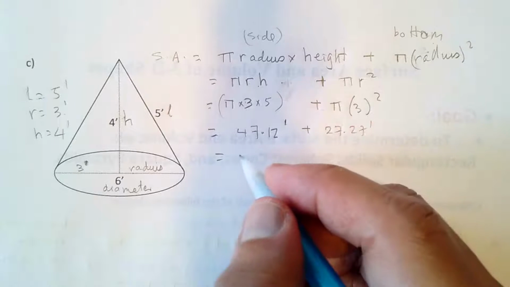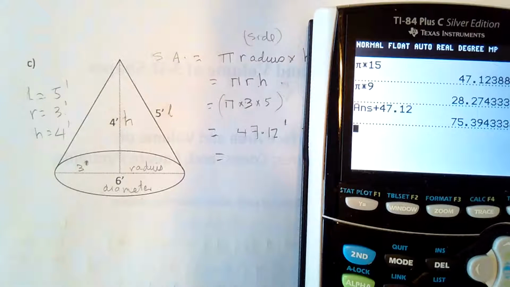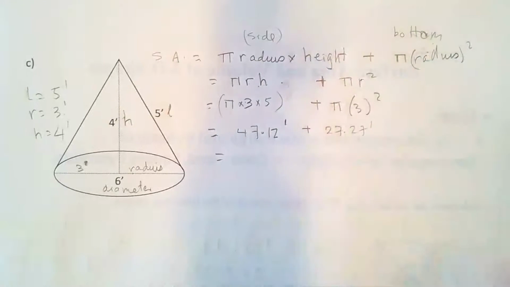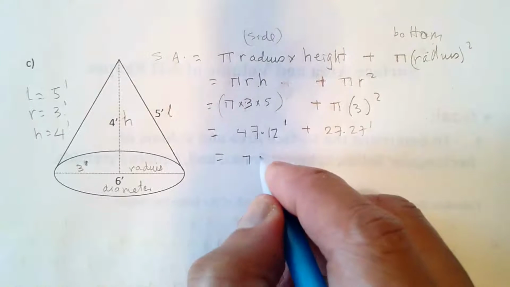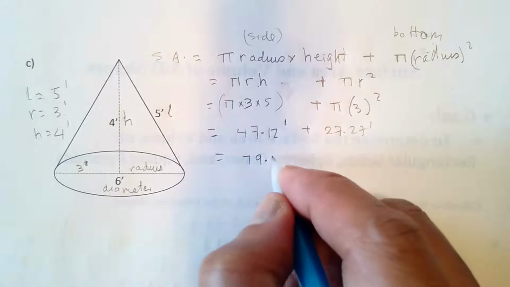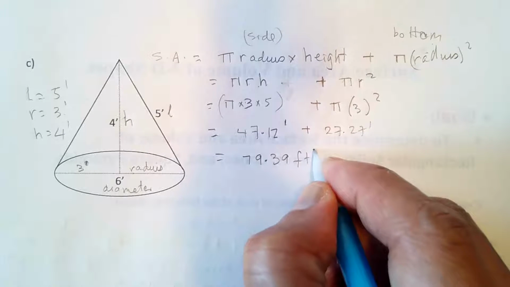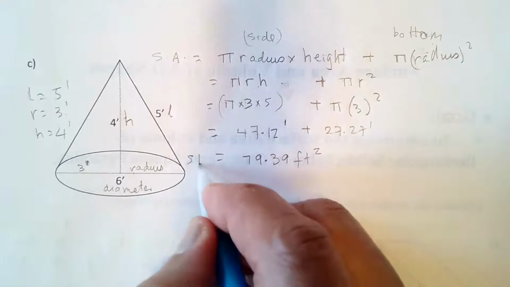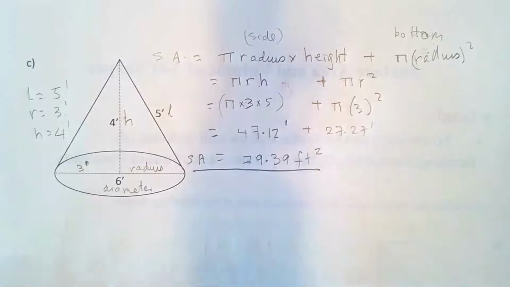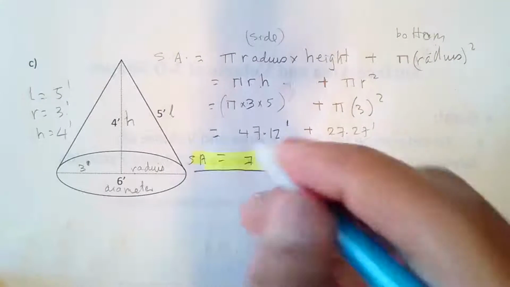So total, add the two wonderful numbers that we get here, 28.27 plus 47.12, 75.39. This would be our square feet. The surface area of this cone then is 75.39.